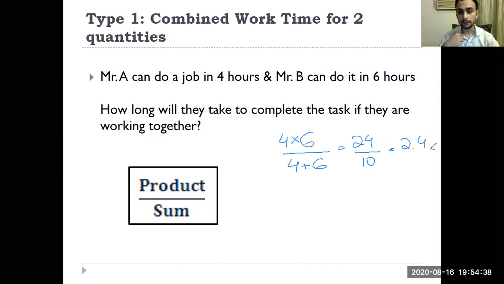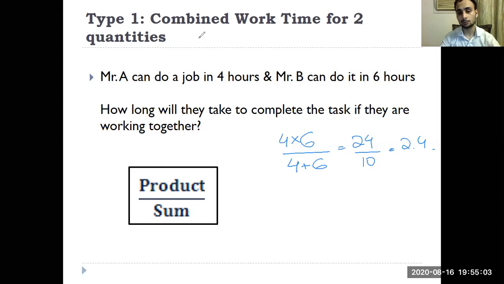So what I've gotten over here is that if A and B start working together, the combined time that they will take is going to be 2.4 hours. And that makes sense. Think about it. अगर individually A को 4 hours लग रहे थे, B को 6 hours लग रहे थे, together अगर वो लोग काम करेंगे तो उन्हें कम time लगेगा, right? What is that कम time? That कम time is 2.4 hours.